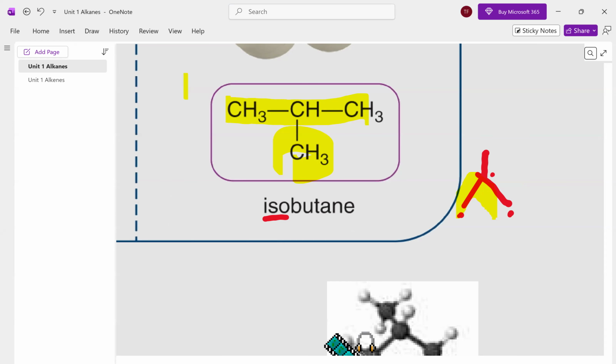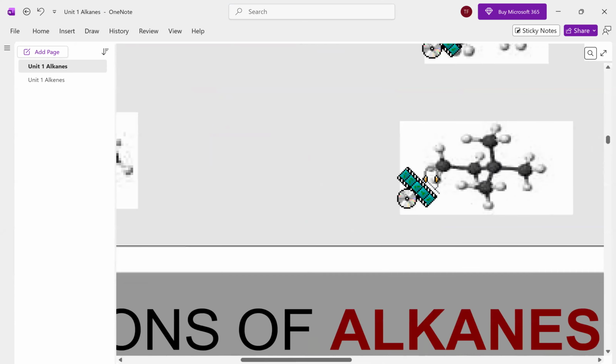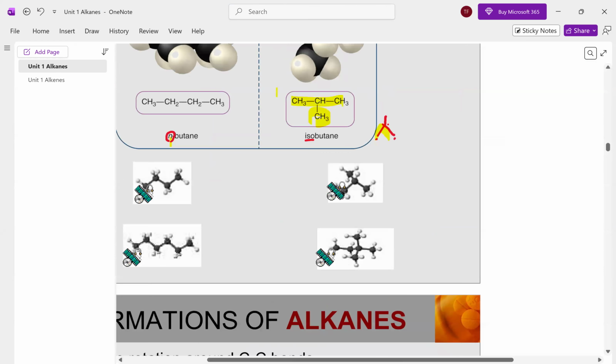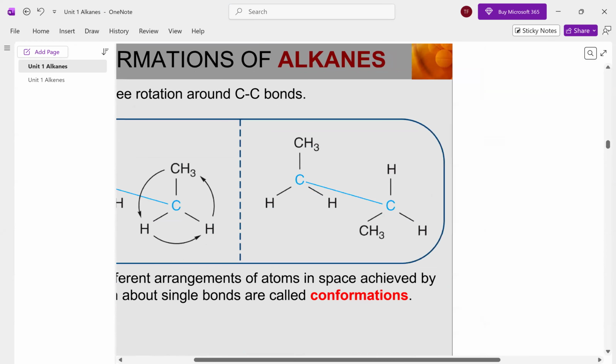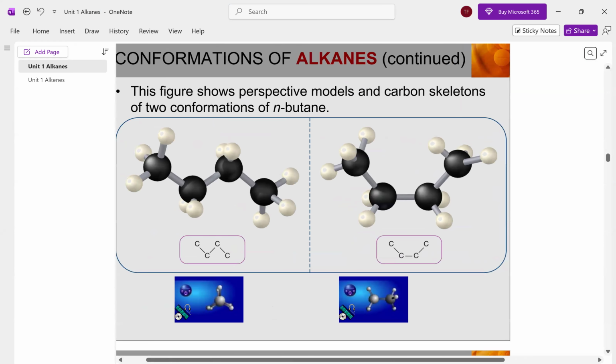Now we can have branches that are isobutyl as well. All that's going to come up on a chart here. Now, the thing about carbon-carbon single bonds is they can freely rotate.